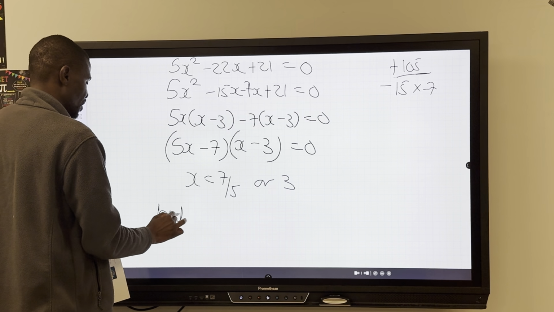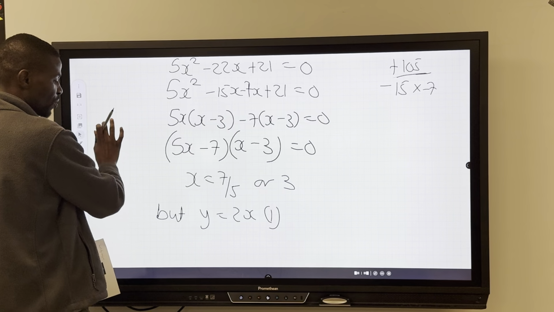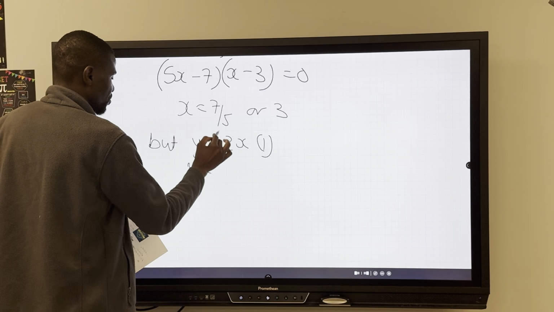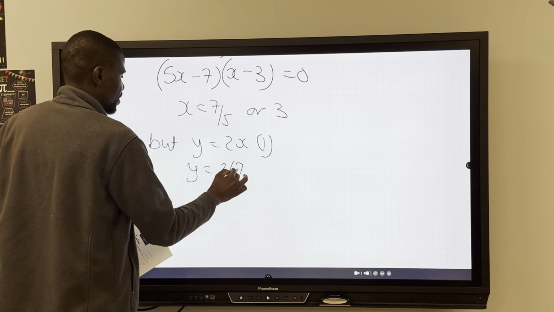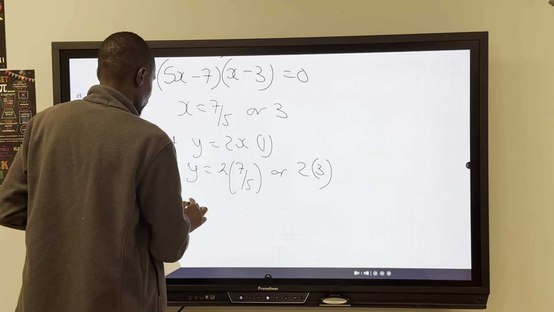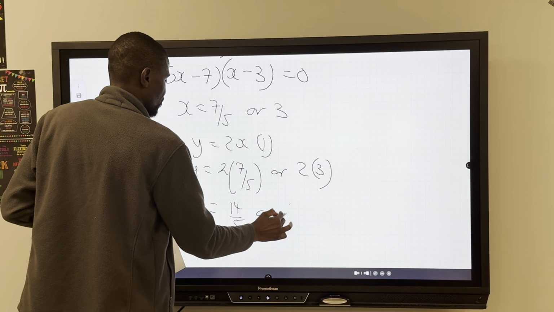But y equal to 2x, this is our first equation. So it means y equal to 2 times 7 over 5, or 2 times 3. So y equal to 14 over 5, or 6.